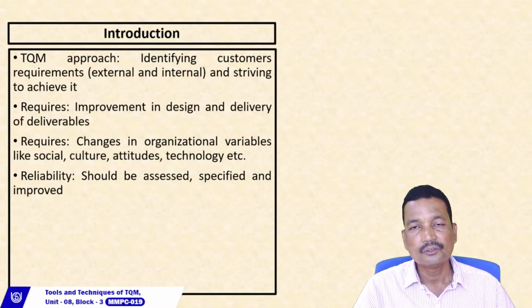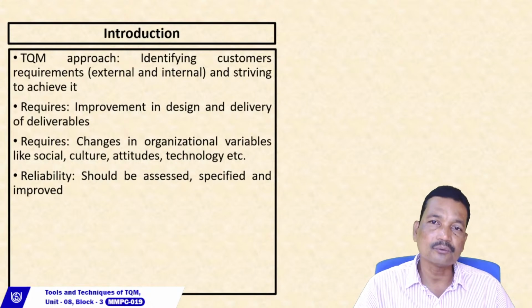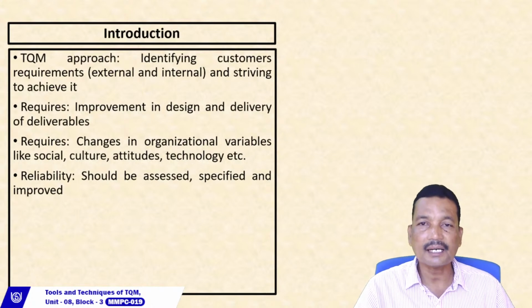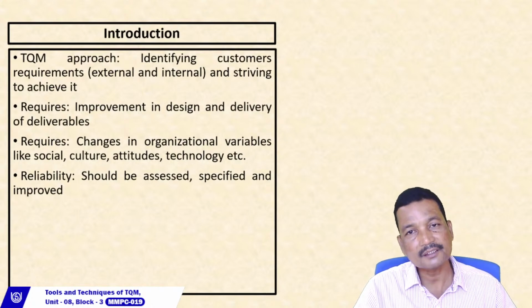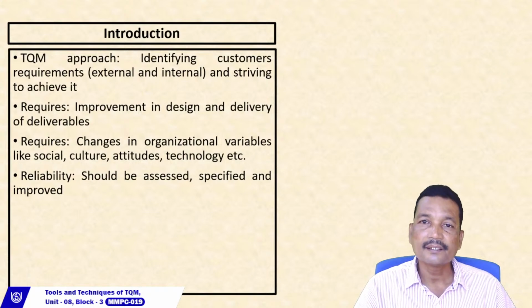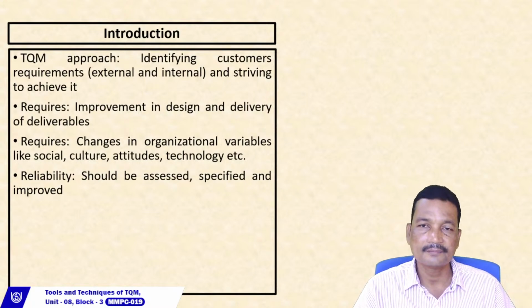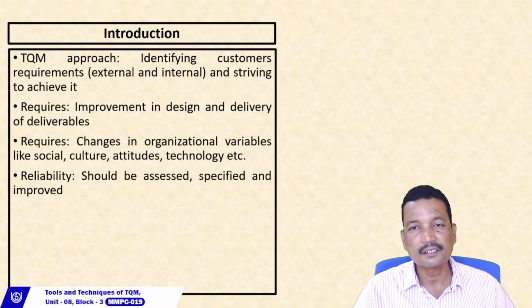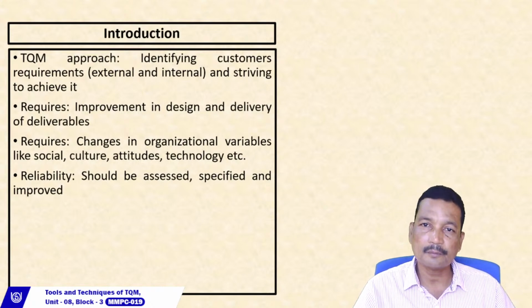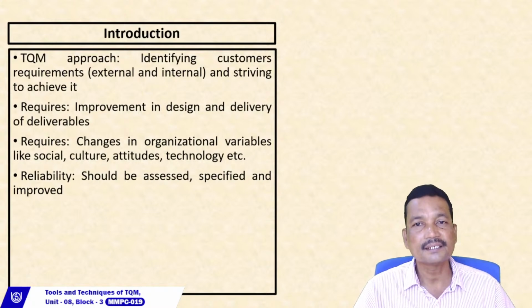So, whether the product is able to perform in a better way, or as has been promised to the customers, for a notable period of time should always be assessed, whether it is functioning in a correct manner or not, and this should be specified clearly, that whatever the product is, it should function in the optimum way till this time period.